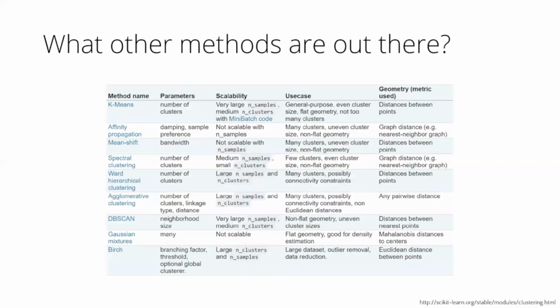So that's an overview of clustering methods in the context of large data sets. And here is a list of algorithms that we didn't cover in this lecture, but could still be useful in clustering problems. So what you need to pay attention to is the scalability table. Obviously, the k-means algorithm and the DBSCAN algorithm that I just introduced are fairly scalable, so that they work fairly well with a very large number of samples, and a fairly large number of clusters.